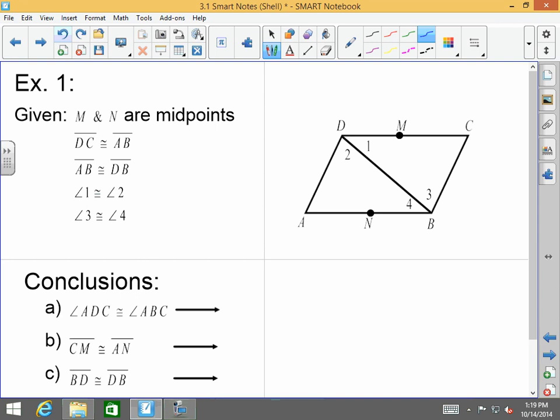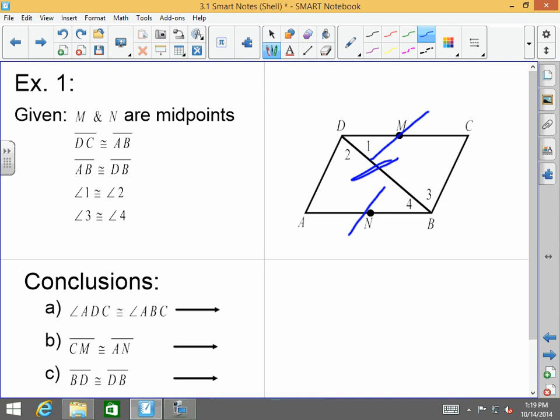M and N are midpoints. That's a given. Then I also give you that DC, this whole thing, is congruent to AB, which is this whole thing. Then I tell you that AB is also congruent to DB, okay? So that means this guy's congruent as well.